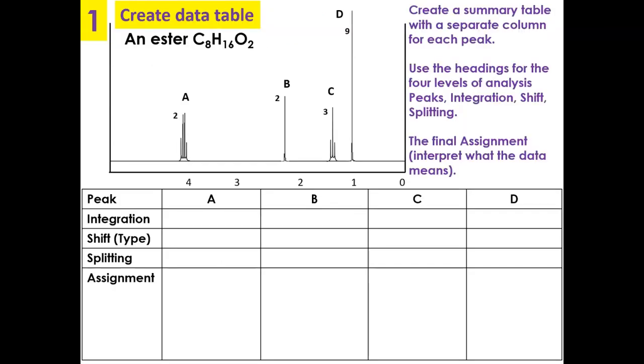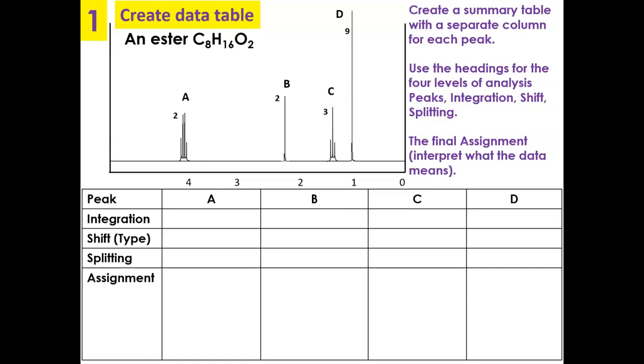So let's create the table and allow us to summarize the information we get from this. First of all, let's create the data table. As you can see, I've put together a table that summarizes the information: create a summary table with a separate column for each peak. I've labeled the peaks left to right, and I've called them A, B, C, D. Of course, you could call them 1, 2, 3, 4, but be careful not to mix up the numbers with the letters. So the final assignment is the important point right at the very end.